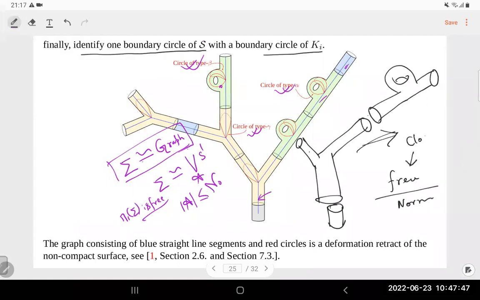For a non-compact surface, you just notice that it is free. Even if you consider a non-orientable non-compact surface, you can again show that its fundamental group is free. So not every group can be realized as the fundamental group of some surface.